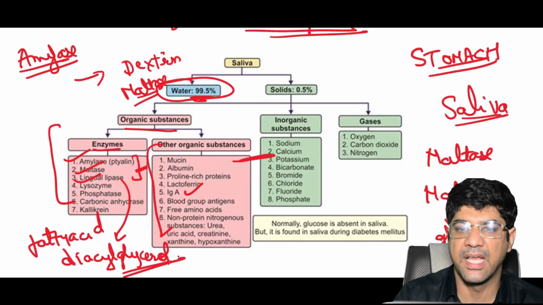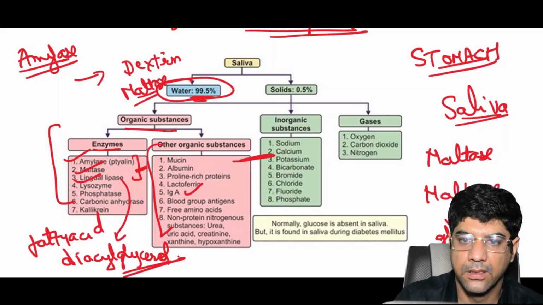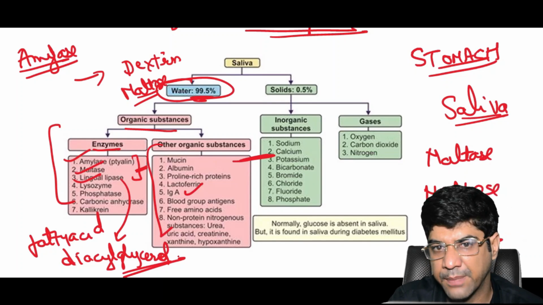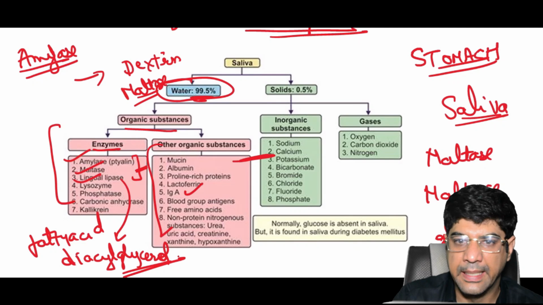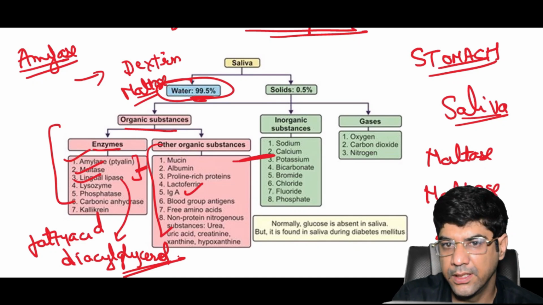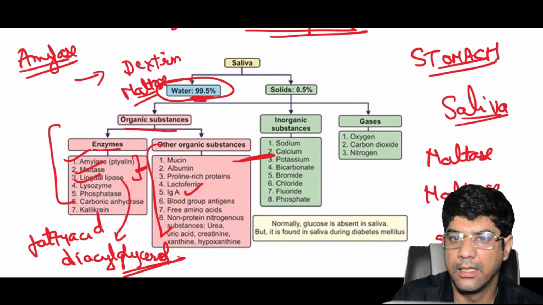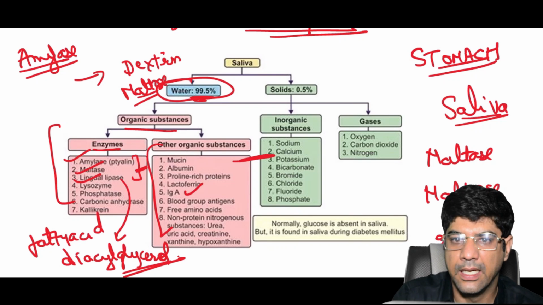Apart from that, remember saliva has a cleansing and protective function. So how does it keep the mouth clean? It keeps the mouth clean by its cleansing and protective function.